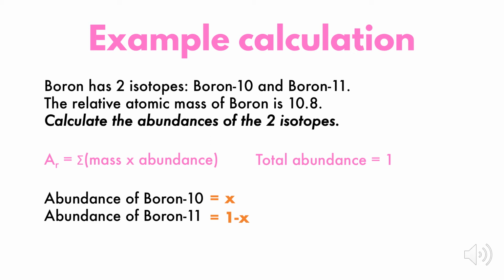If we put those two ideas into our equation, we end up with this algebraic expression: 10.8 equals 10x, 10 being the mass of boron 10 and x being its abundance, plus 11 times (1 minus x), 11 being the mass of boron 11 and 1 minus x being the abundance of boron 11. So now we have our algebraic expression, we need to solve for x.